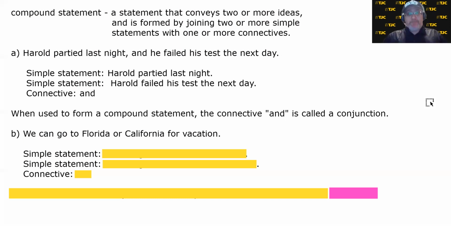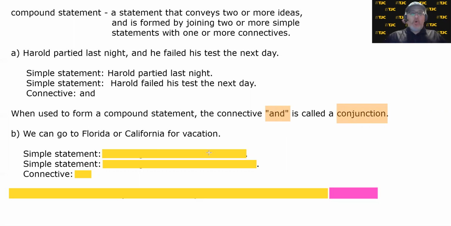But, and this is important, in the realm of symbolic logic, the word conjunction is specifically reserved for the word and. Let me say that again. In the realm of symbolic logic, the word conjunction is reserved specifically for the word and when it connects two simple statements into a compound statement. Okay, so conjunction in this class means the word and. All right, let's continue.